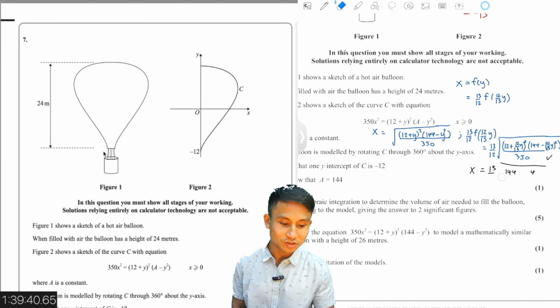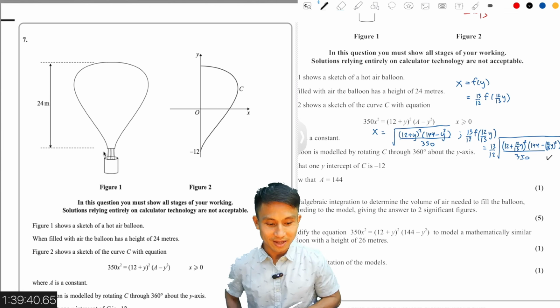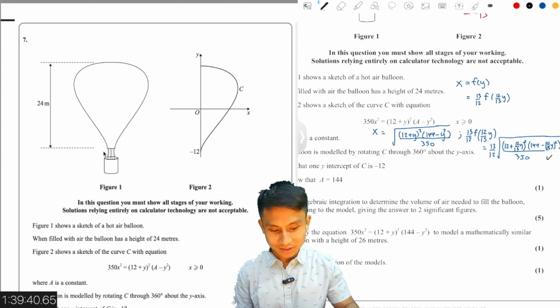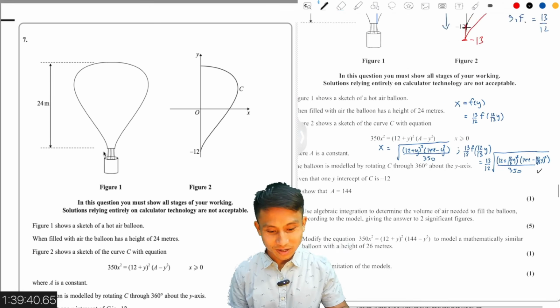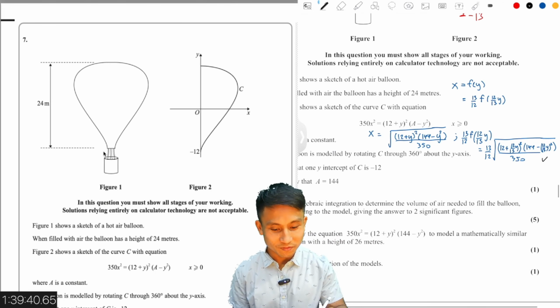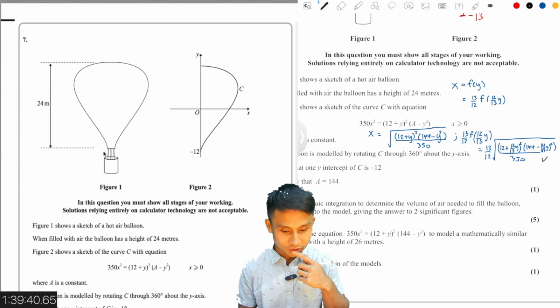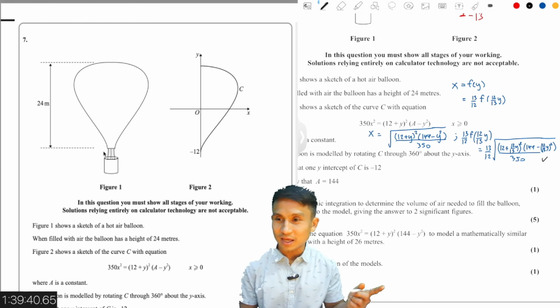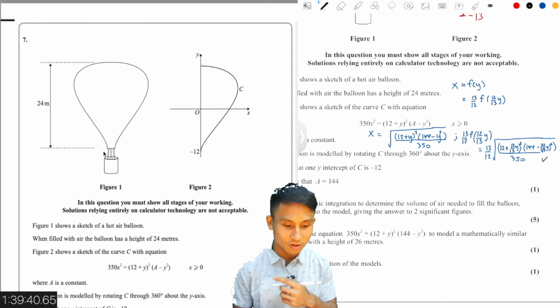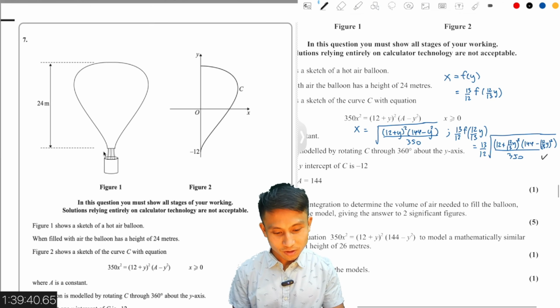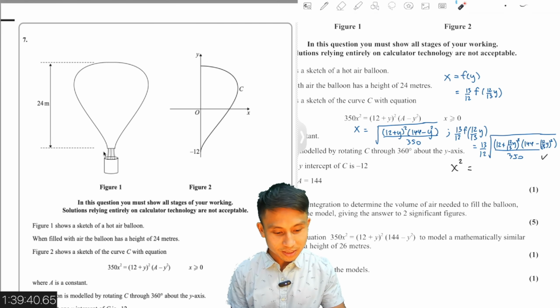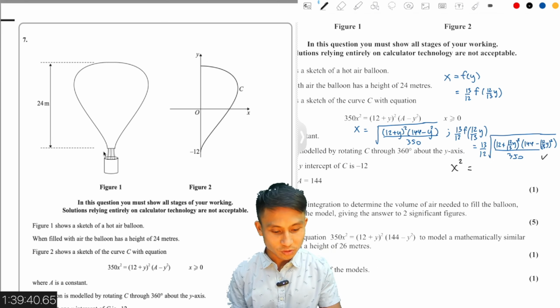Now the rest is just basically simplifying it, I think. Because we can't just write it like this, since it's a modification of the original equation there. So we're going to undo everything here and move it back to where they were. If we square on both sides, we're going to get x squared. And this will be 169 over 144.